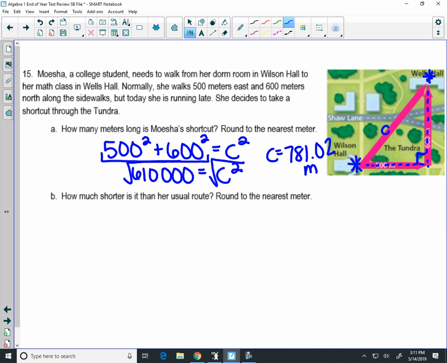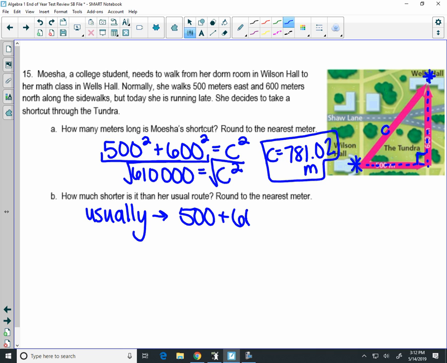How much shorter is the shortcut than her usual route? So usually she goes 500 meters east and 600 meters north. So her usual route is 500 plus 600, which is 1100 meters.